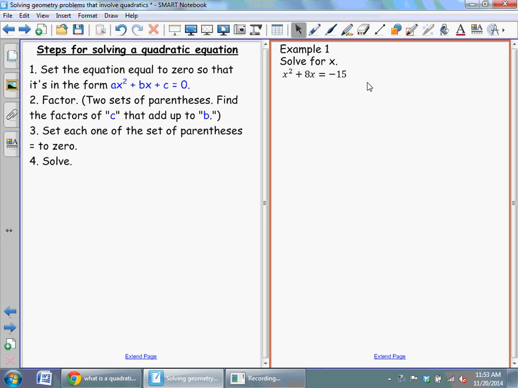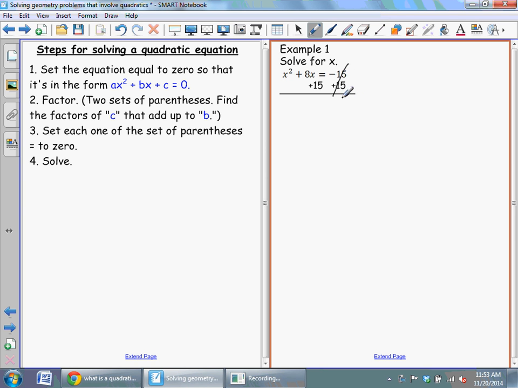For step 1, I want to set it equal to 0 so that it looks like this: ax squared plus bx plus c equals 0. So that means I got to add 15 to both sides of the equation. That way I can set it equal to 0. It'll say 0 on the right side of the equation. These will cancel out, and I'll be left with 0 on the right side.